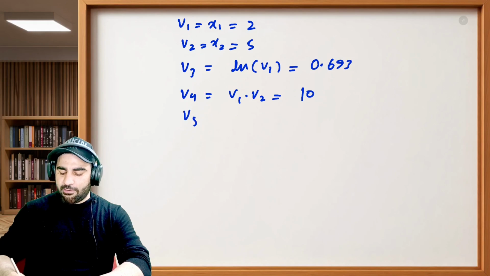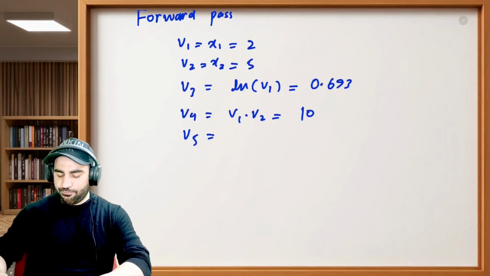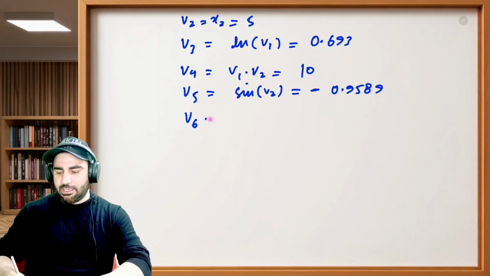And then we have v5. How did we get v5? v5 was sine of this. So if you see v5 over here, this was sine of x2. So sine of v2, and once we apply that, this is roughly equal to minus 0.9589. And then similarly we have v6, so this v6 was equal to v3 plus v4.